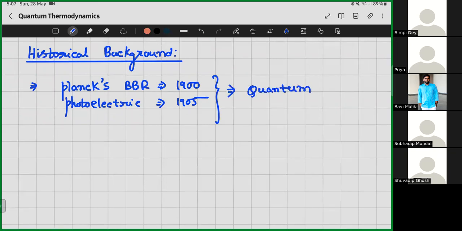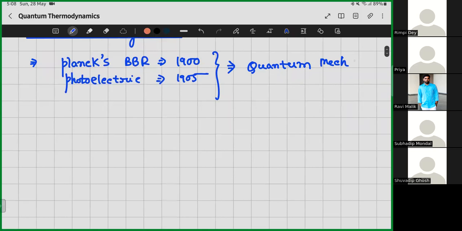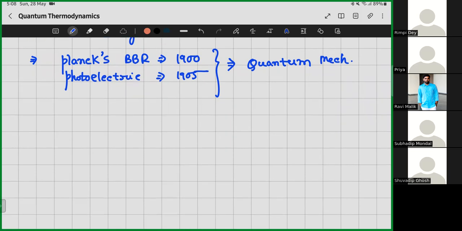Though we can see that these studies are based on the thermodynamic picture. So we can say that quantum mechanics evolved with thermodynamics in its first period. But after that, quantum mechanics and thermodynamics evolved totally separately.